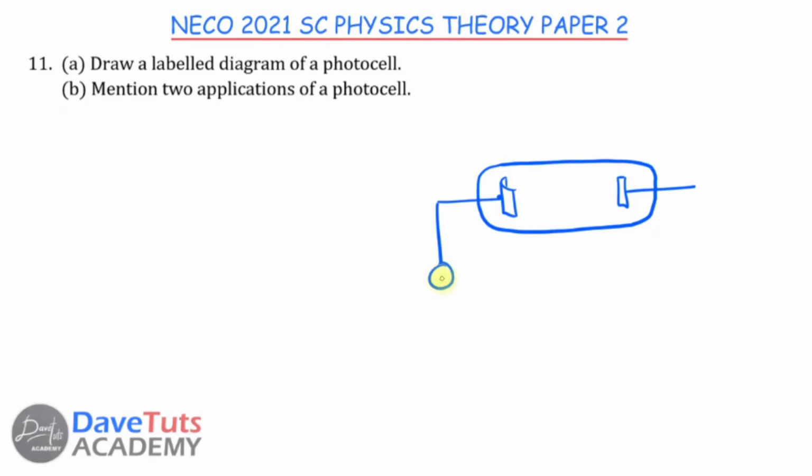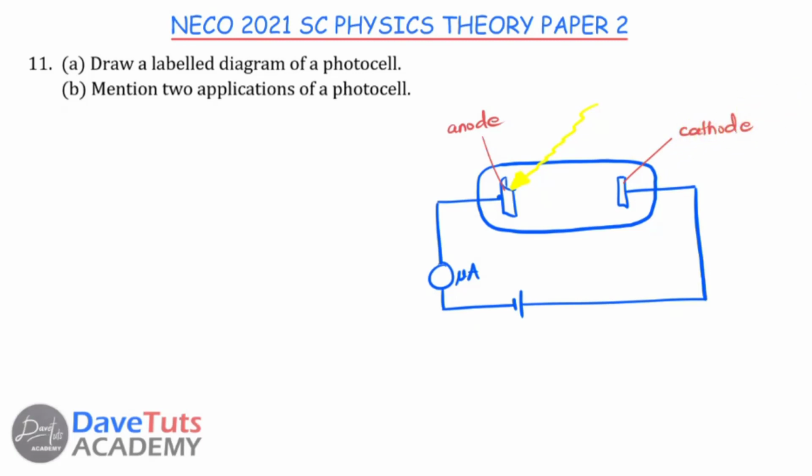I can link this to a micro ammeter, and then I can have, let's say, a battery source, and just finish up like this. Normally the operation of the photocell will be that rays of light will be coming in, incident on the anode. So this here is the anode, and here this is the cathode.